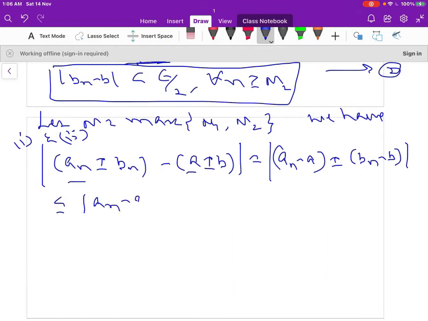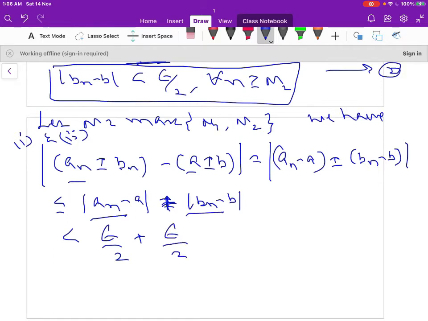So by using the inequality, modulus of a_n minus A plus modulus of b_n minus B, and using equations 1 and 2, modulus of a_n minus A is less than epsilon by 2 plus modulus of b_n minus B, using equation 2, that is epsilon by 2. This is equal to epsilon for all n greater than or equal to N, where N is the maximum value of n1 and n2.